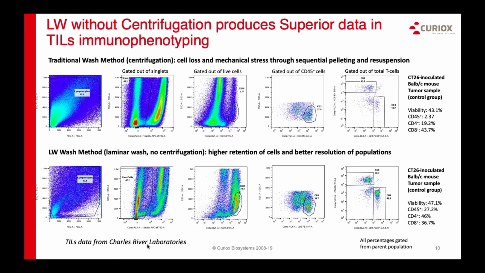Here we show improved immunophenotyping data for tumor infiltrating lymphocytes, or TILs, and this work was done again by a very large CRO. This was optimized for this particular lab's protocol. And you can see on the bottom method, which is the laminar wash method, we get higher retention of cells and also higher resolution, especially as you look over to the far right with some of their particular cells of interest.